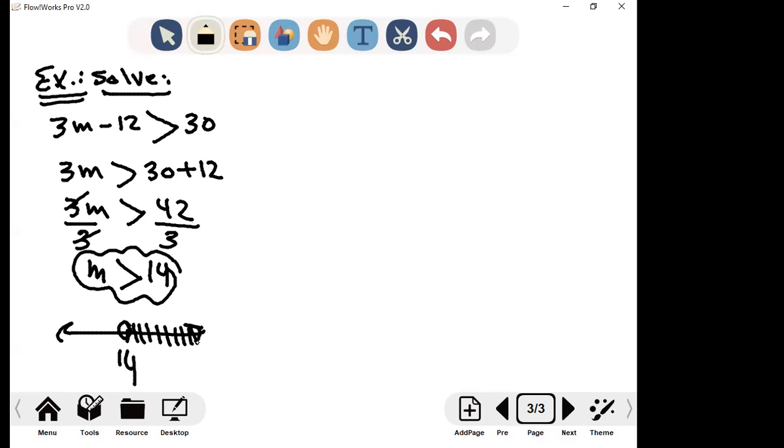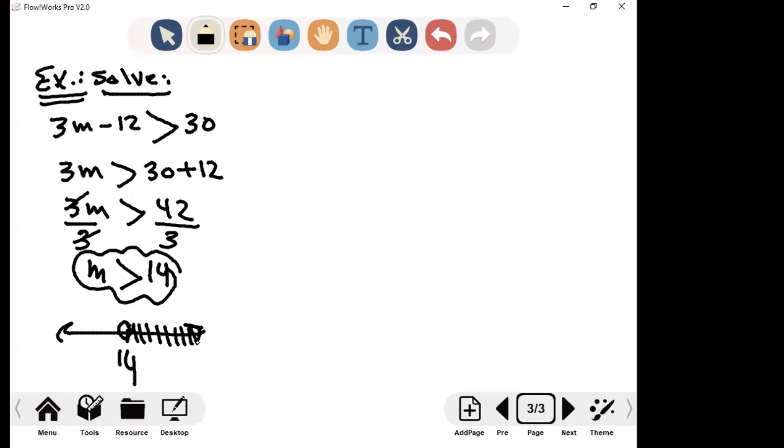The only difference here, two things. The first thing, if you divide or multiply both sides of the inequality by a negative, you switch the inequality sign. The second difference between them, in the equation, one step and two step, we have one solution. But here, any number more than 14 is what? So we have infinitely many solutions.